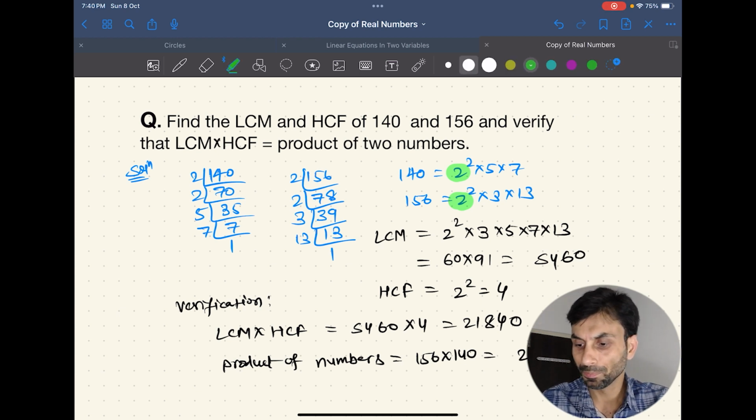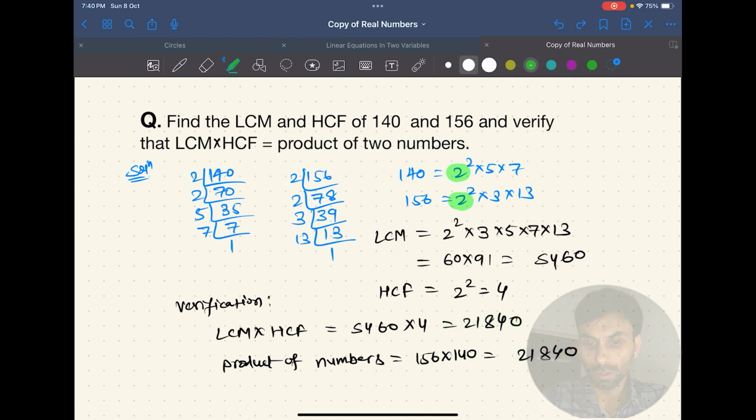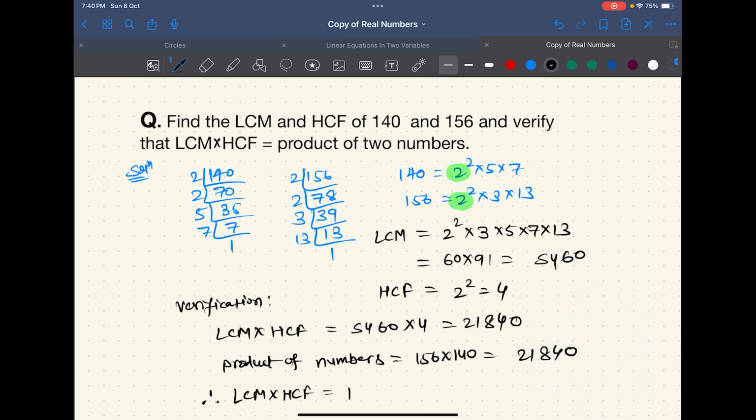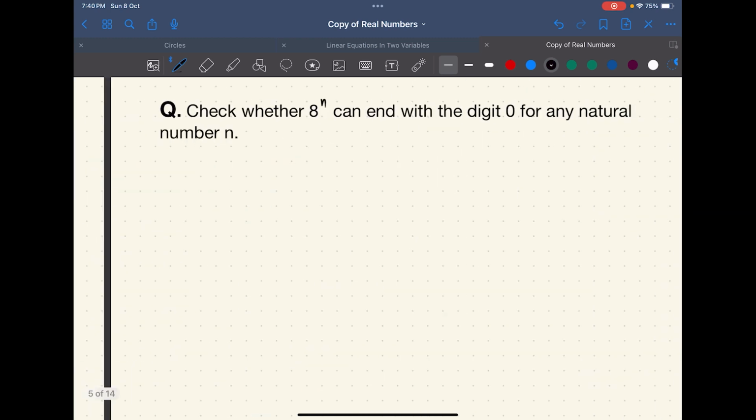As we can see here, these two values are the same. So we can say that therefore LCM into HCF equals the product of the two numbers. Now let's move to the next question.